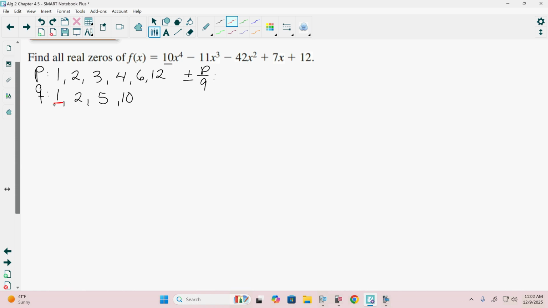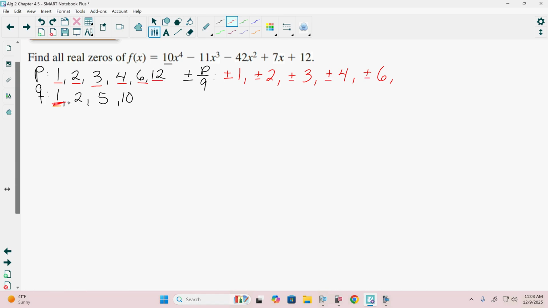So what I start off with is the first factor of Q and divide it by every factor of P. So the first one we're going to have is 1 over 1. 1 divided by 1 is 1. 2 divided by 1 is 2. 3 divided by our 1 is 3. 4 over 1 is 4. 6 over 1 is 6.